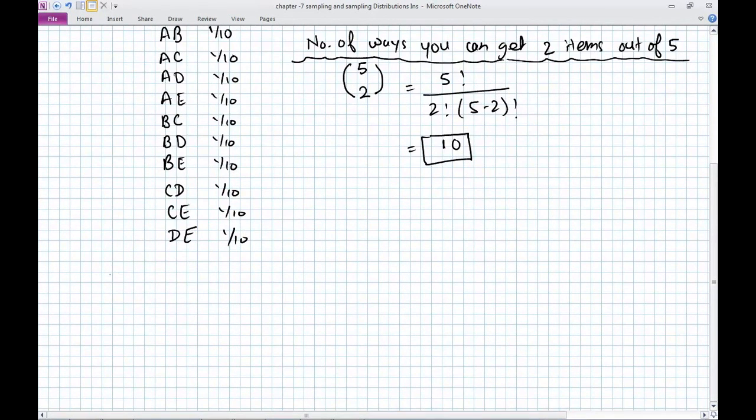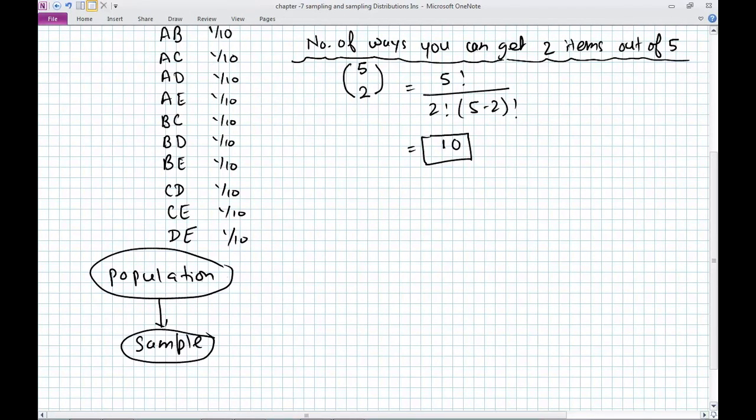We have a population of interest from which we draw a smaller sample. Related to population, there is something called population parameters. Mean is one of the population parameters, and it is represented by this symbol mu. Similarly, standard deviation is another population parameter, and this is denoted by sigma.